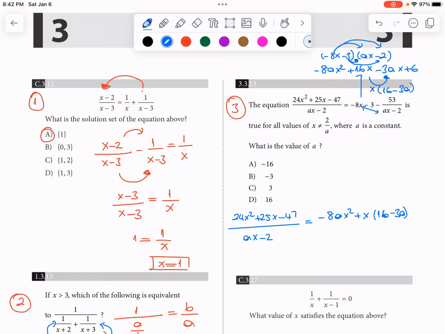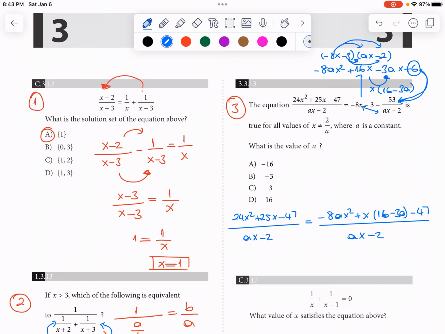And what else do we have? As you see, guys, we have 6 here and -53 here. 6 - 53 is equal to -47, divided by ax - 2.